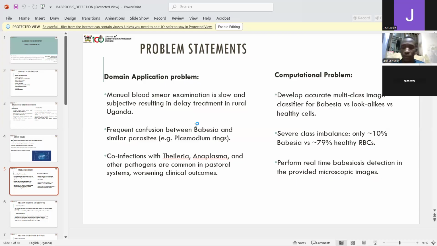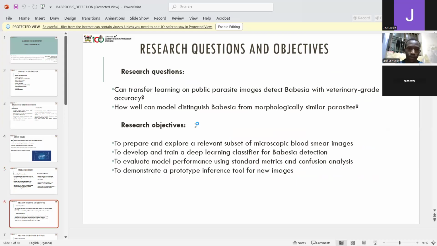Then we need to perform real-time babesiosis detection in the provided microscopic images. Those are the computational problems that we have. On the other side, you have the domain application problems. So then the next slide, we shall talk about the research questions and objectives.